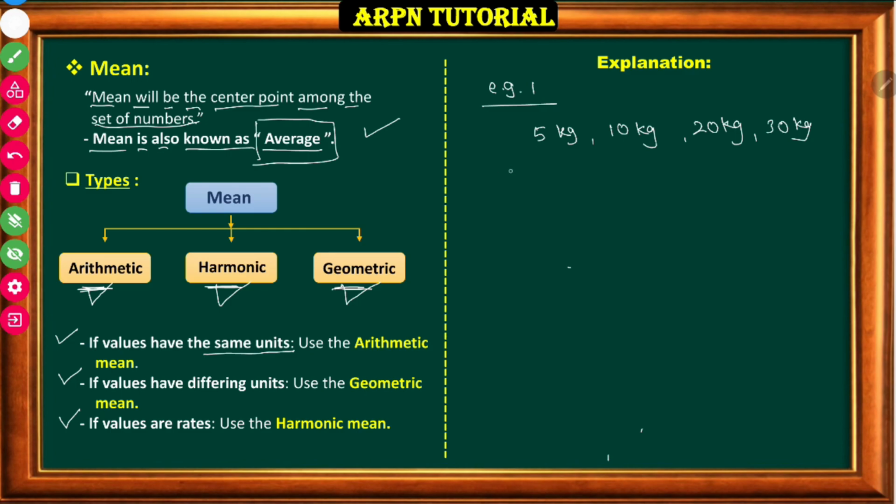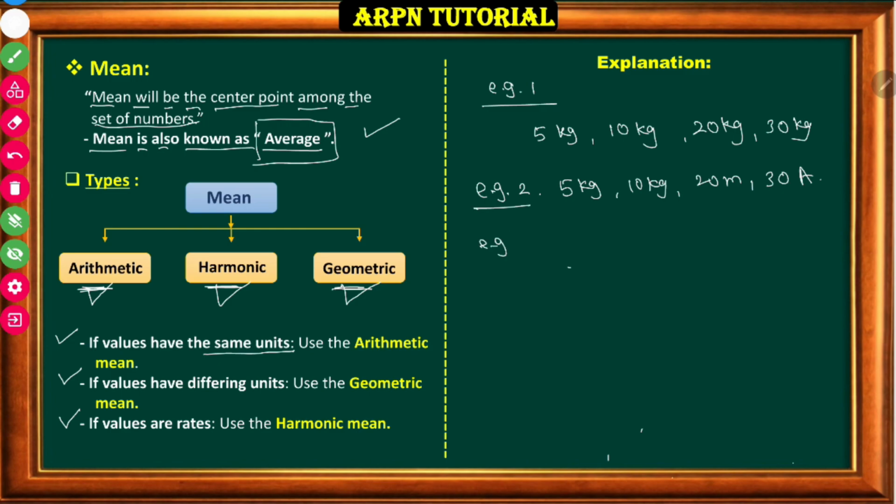Second example: I have 5 kg, 10 kg, 20 meters, and again 30, just take maybe a physical quantity as ampere.